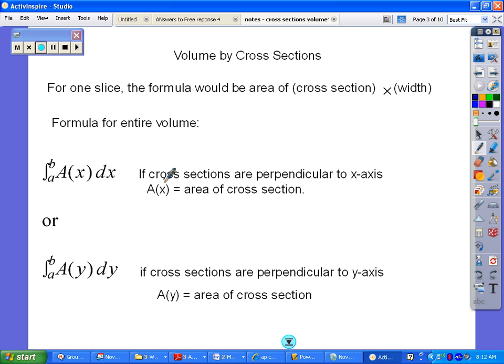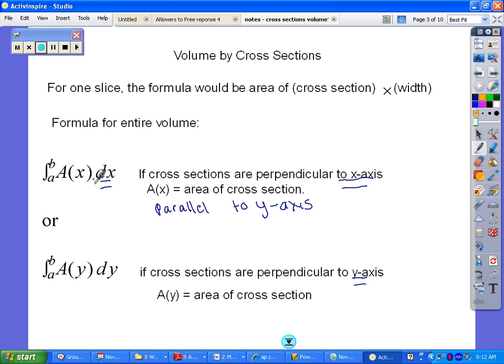Whenever they say that the cross sections are perpendicular to the x-axis, we're always going to integrate with respect to x. And if they say that the cross sections are perpendicular to the y-axis, we're going to integrate with respect to y. Instead of perpendicular to the x-axis, they could say parallel to the y-axis, because if you're parallel to the y-axis, then you have to be perpendicular to the x-axis.